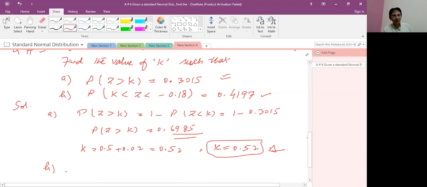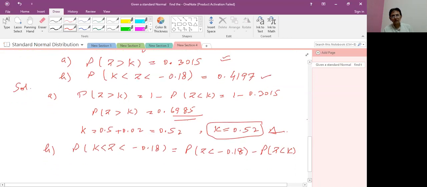Now in the second part, student, probability of K less than Z less than minus 0.18, which is equal to probability of Z is less than minus 0.18 minus probability of Z is less than K. So using Z table and find the result.